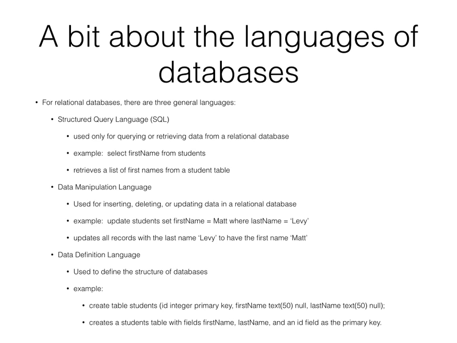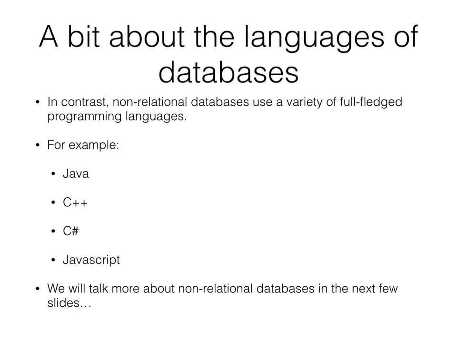So let's move to the next slide and talk a little bit more about the languages of databases. In contrast, non-relational databases use a variety of full-fledged programming languages, as opposed to just SQL. Across all the different types of relational databases, they all use SQL to query.